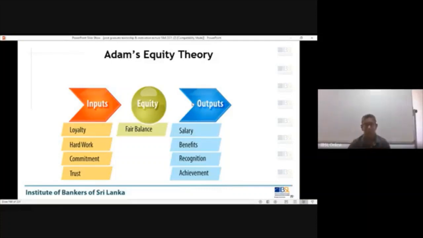The input is your loyalty, your hard work, your commitment, right? And that is your fair balance, your equity. And the output is what you're expecting: salary, benefits, recognition, achievements and all. Now let's look at it.